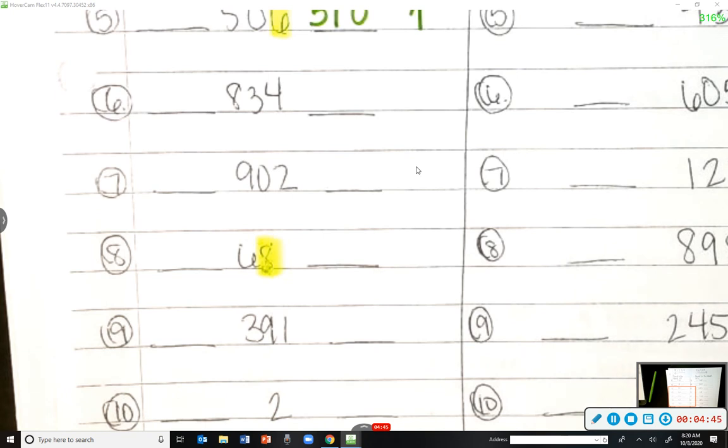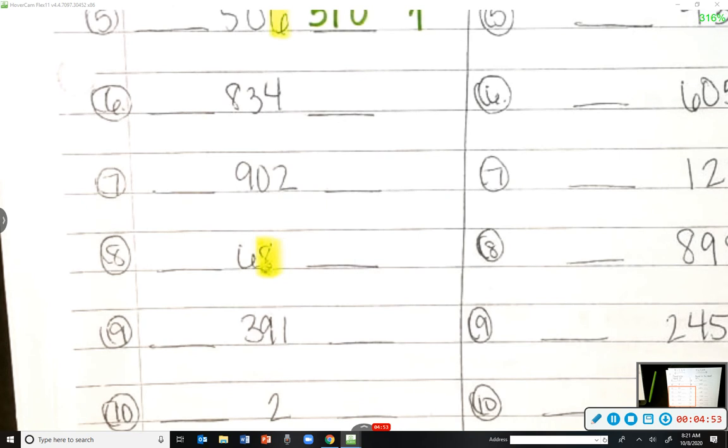Do it this way because a lot of us are getting them wrong. Okay? So 68, tell me what that rounds to and we'll check it together. I know some of you have already got the rounding down, so if you're getting these right, then you can move on in the video, and you can move on in the problems here in class.